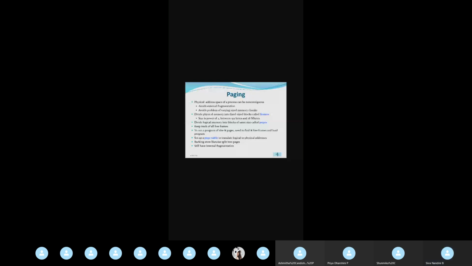If a process is requesting, say, 100 kilobytes from the main memory, this 100 kilobytes is available in the main memory, but it's broken into several pieces. It is not in a continuous location. So if you are using this paging concept, the process, for example, process P1 of 100 KB, may be divided into 10 pages, each of 10 KB.